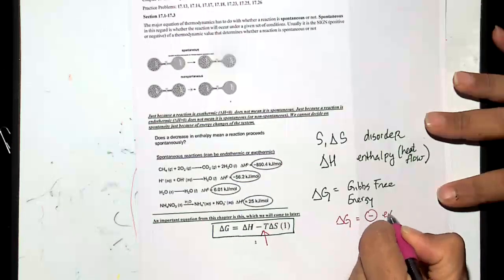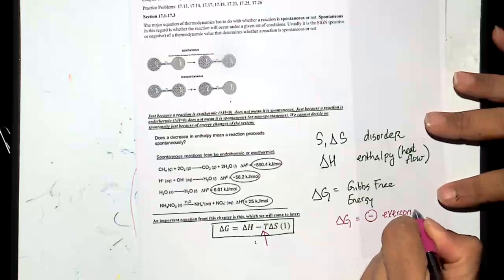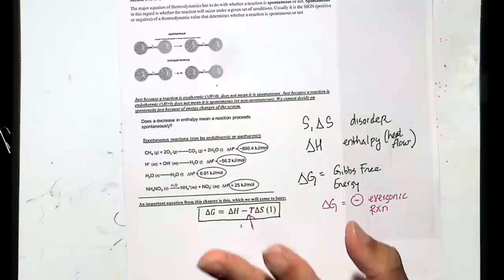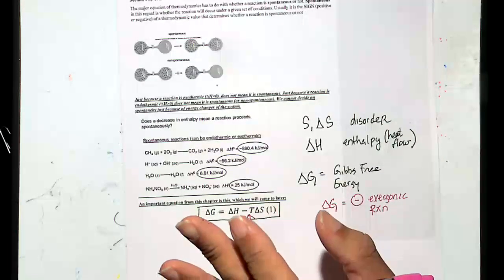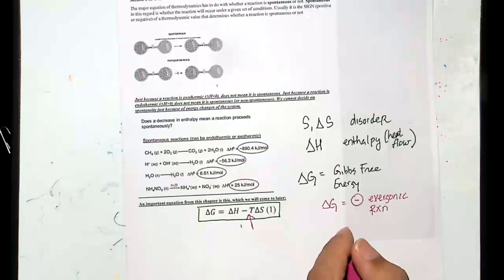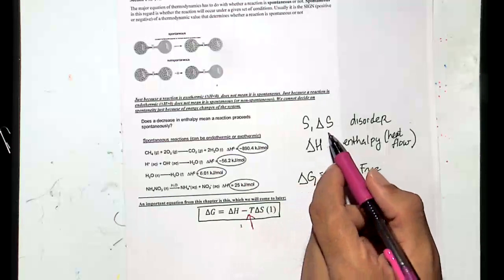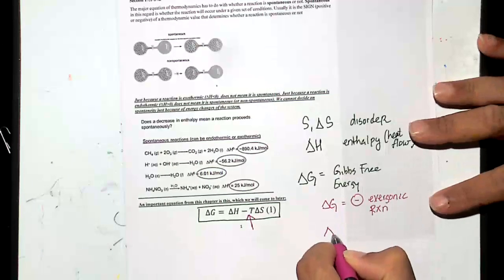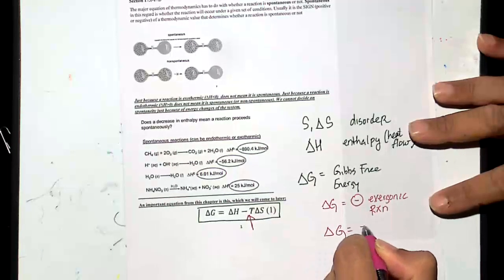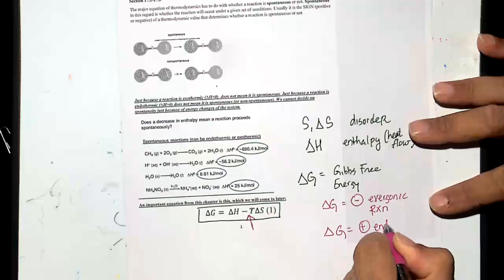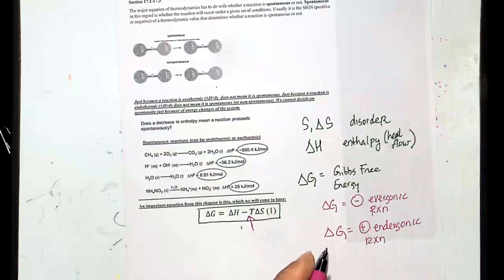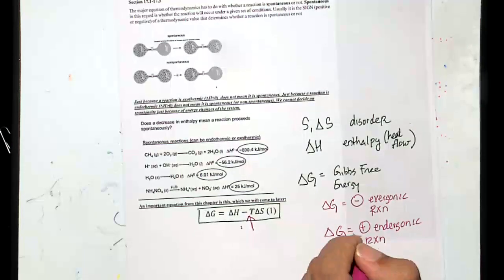If delta G is negative, we call that an exergonic reaction. This is where the products are favored. Without you doing anything, the reaction will happen on its own. But remember, it's not just entropy that adds to it, but enthalpy. If your delta G is positive, we call that an endergonic reaction. This requires energy.